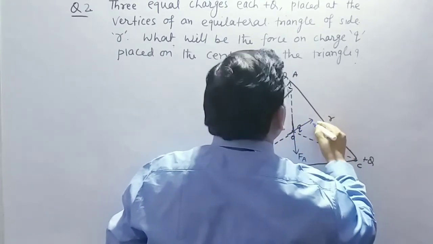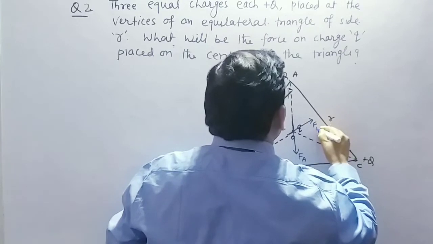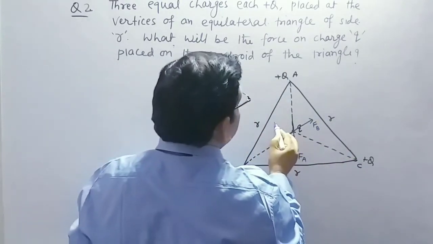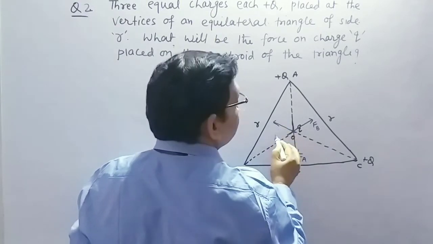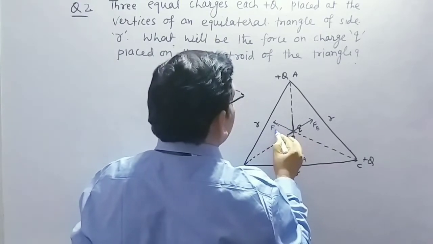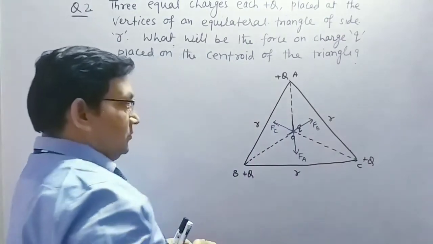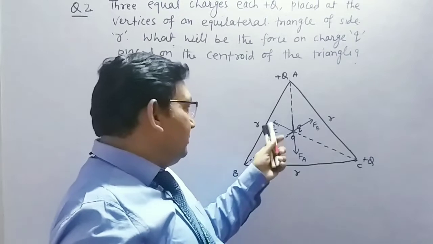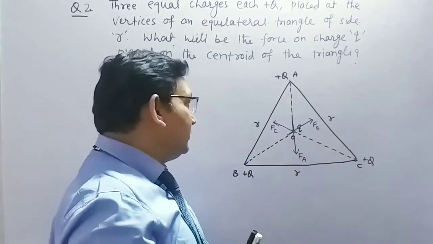This is the direction of the force B due to the charge at B. Now the third force will be in this direction. Okay. So now we have 3 forces acting on the charge q. The angle between the 3 forces is 120 degrees.